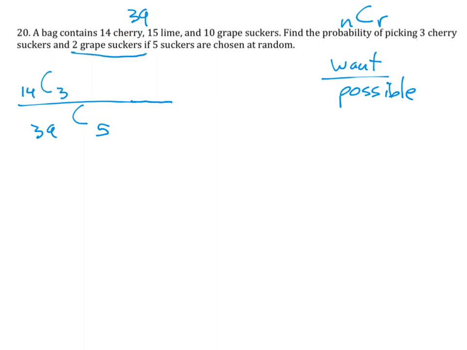But we also need to get 2 grape suckers. There's 10 grape suckers, and we're going to choose 2 of them. And you're going to be multiplying these together, right? Because you can pick different combinations of those, and there's just a lot of ways to pick 3 and 2. And so we're going to be multiplying those together.